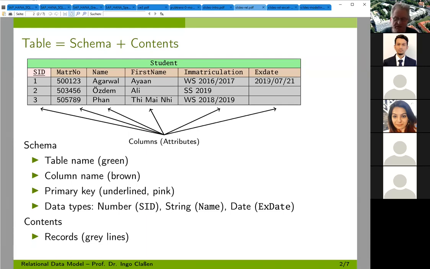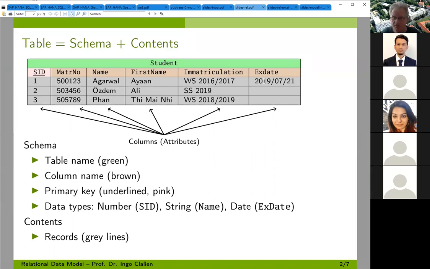Okay. So the answer is neither string nor number, but it is actually of type date. And the important distinction is that what you see here is only a representation. If I provide that date in German, it would look different, but it would be the same date, of course. The internal representation within the database is actually a date, and this has a specific consequence.